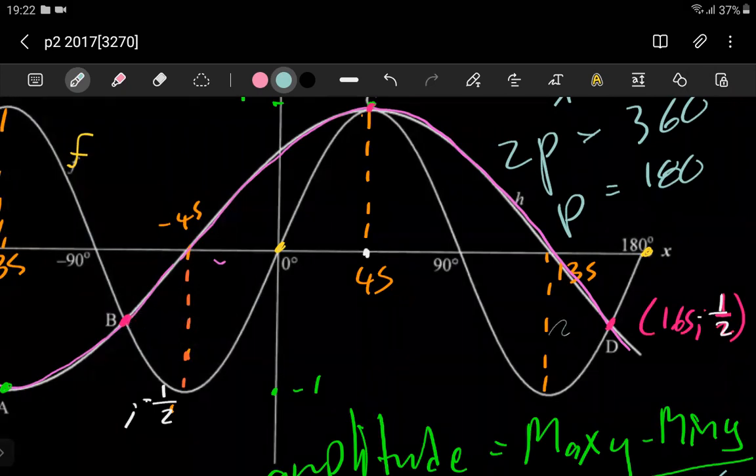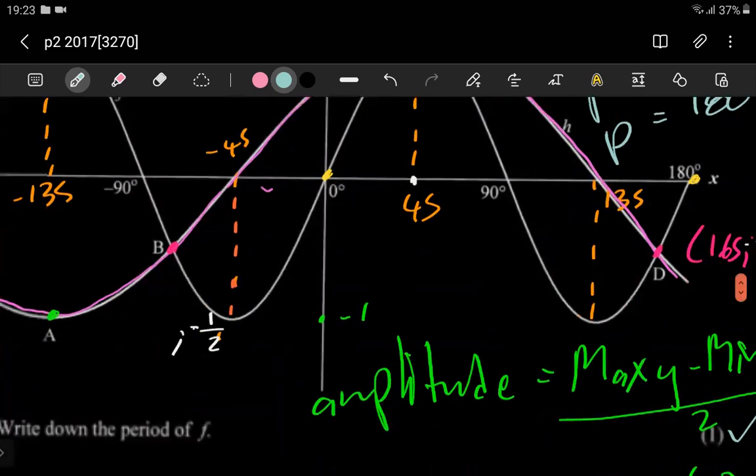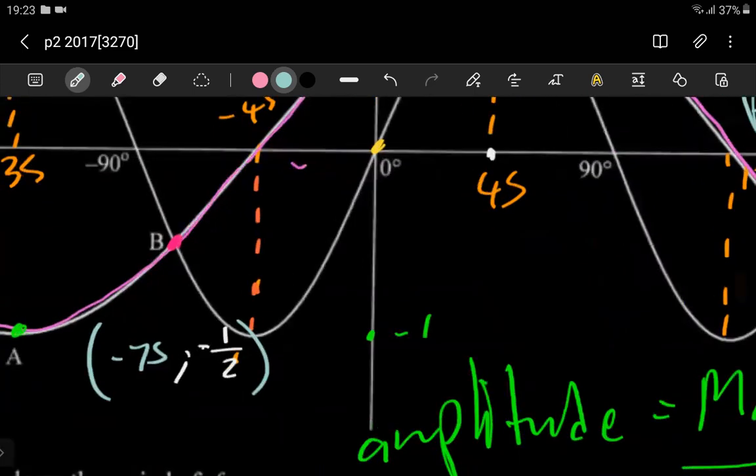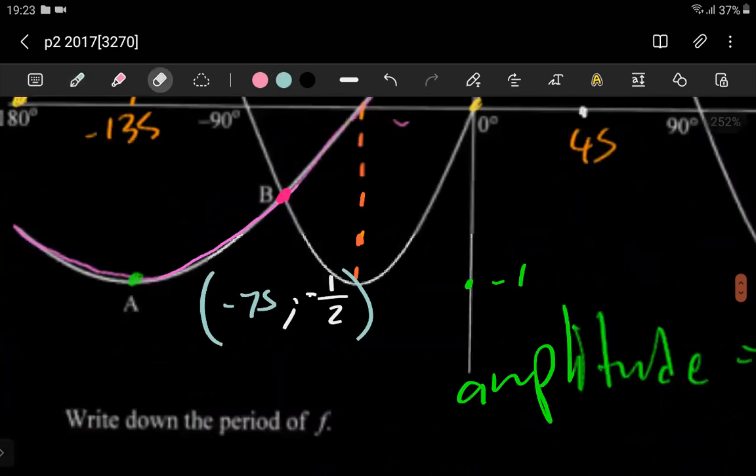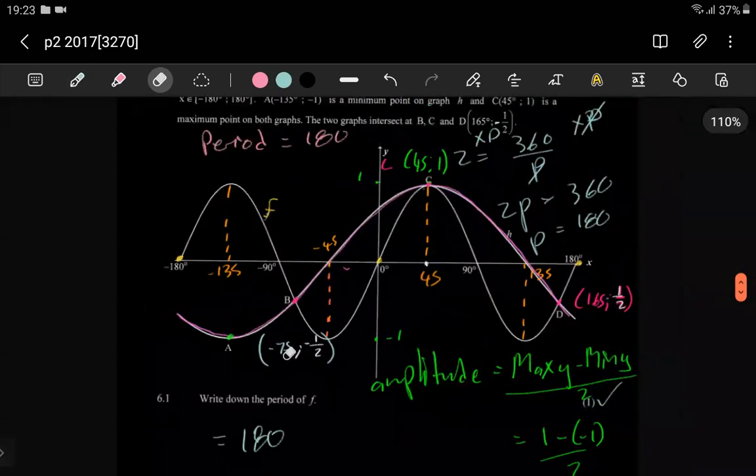Because if this X value here is 135, and this X value is 165, the distance is 30. So here, if the X value is negative 45, this has to be 30 to the left, meaning this has to be negative 75. So the X value here is going to be negative 75. There we go. Do you see it? Or are there any questions as to why we have put negative 75 over there?